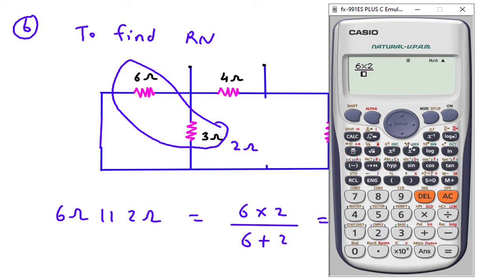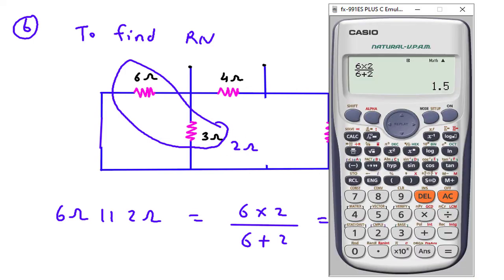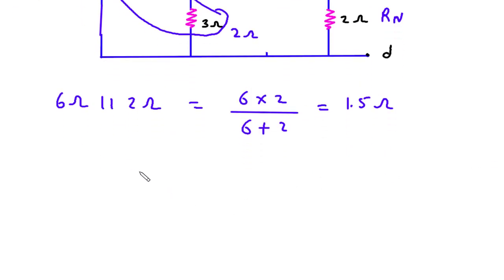So it is 1.5 ohm, which is the value of this RN. RN is equal to 1.5 ohm.